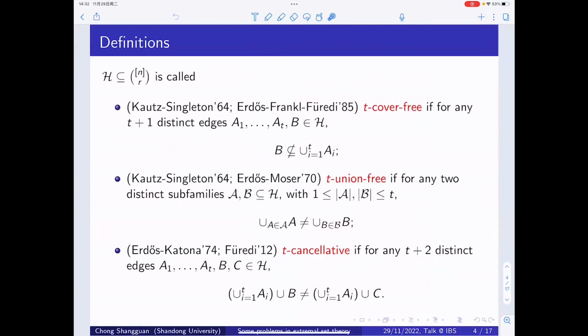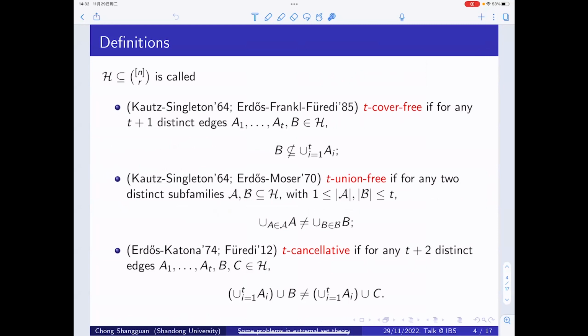Next, I will give the formal definitions of cover-free hypergraphs, union-free hypergraphs, and cancellative hypergraphs. Perhaps unsurprisingly, the origin of all these objects dates back to some works of Paul Erdős.